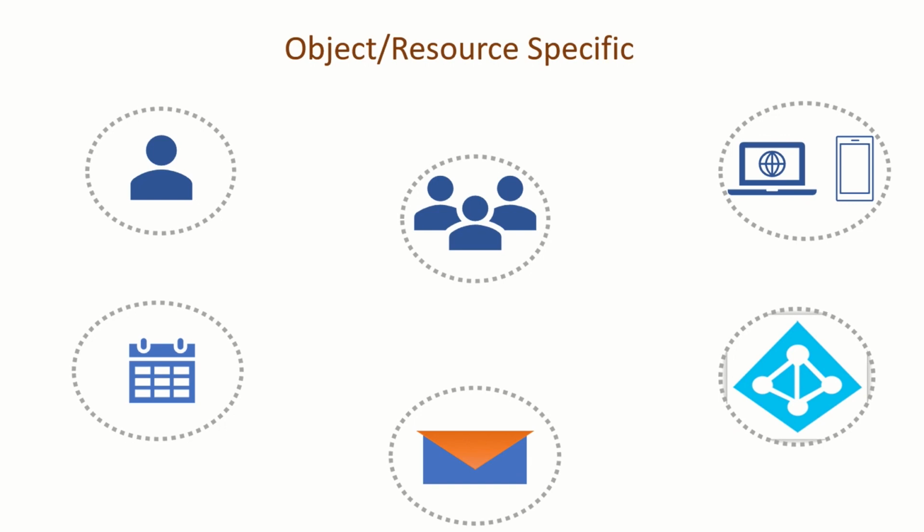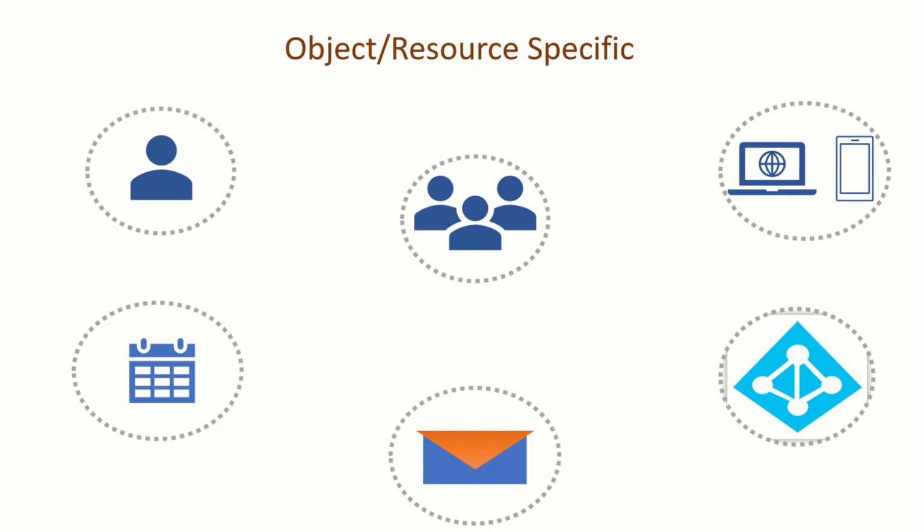Now, object and resource are two different terms, but they refer to the same entity. When I am creating a user in Azure AD, it's an object for Azure AD. But when any application is trying to access that user object, it's a resource. So object and resource refer to the same entity. In a nutshell, that is the object which is created in Azure AD or any of the services.